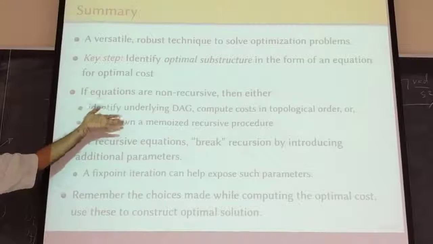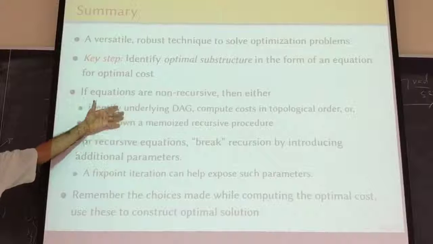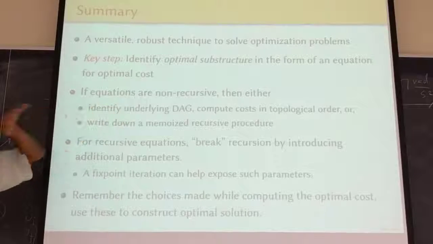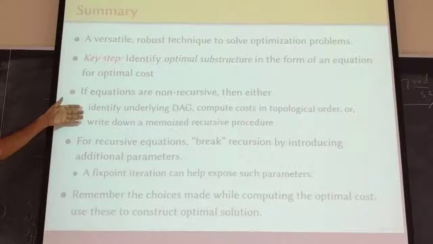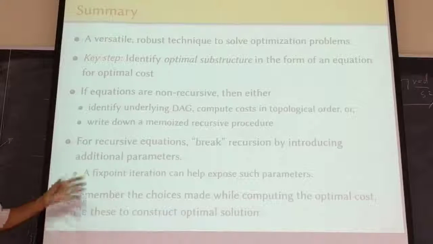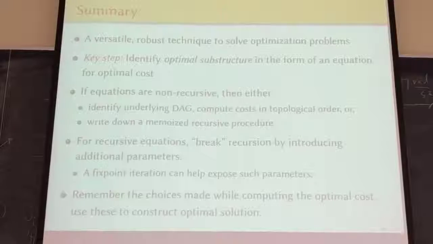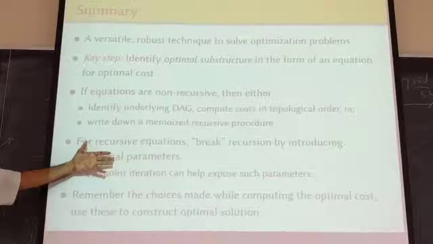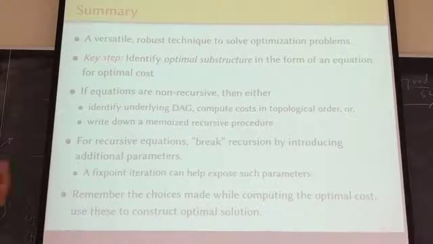This is what you see typically in most dynamic programming problems. The underlying structure is non-recursive and it's simple. But in some cases, you have a recursive structure, and the way you deal with recursion is essentially by introducing additional parameters to break recursion.